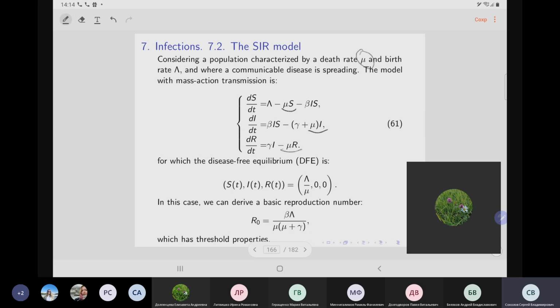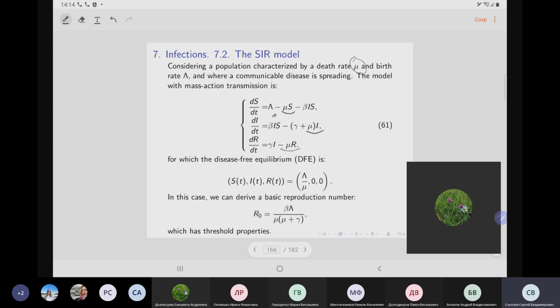And we must take into account the fertility coefficient. So lambda, it is our birth rate. And the modified equation takes the form 61, with a death rate and birth rate.